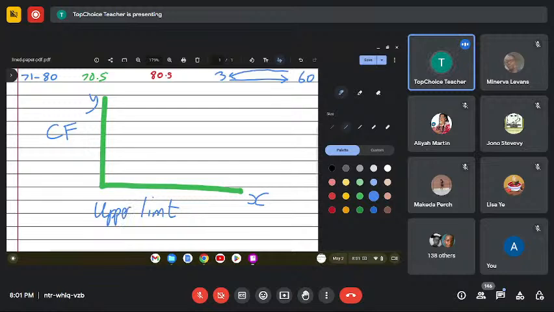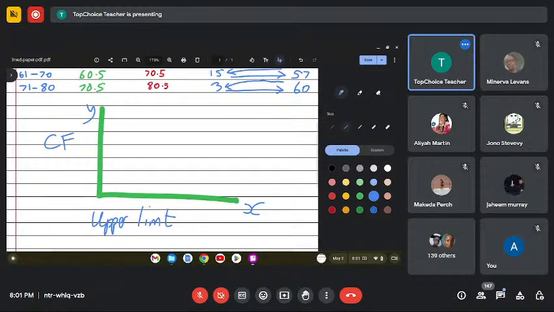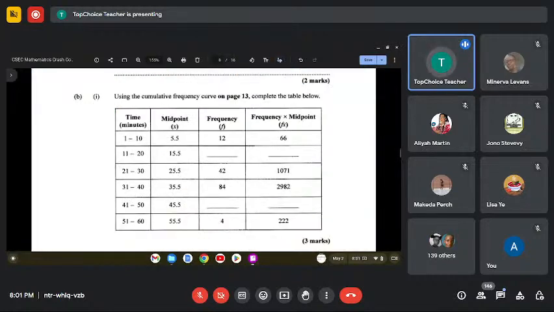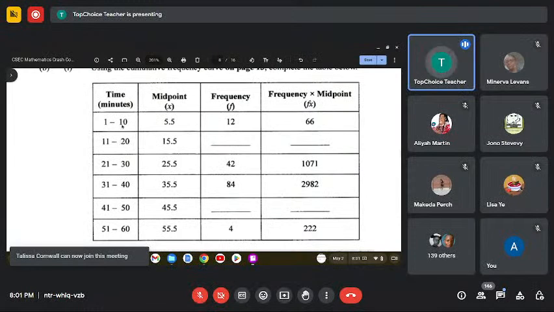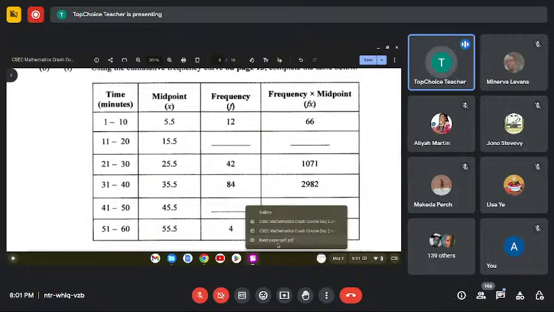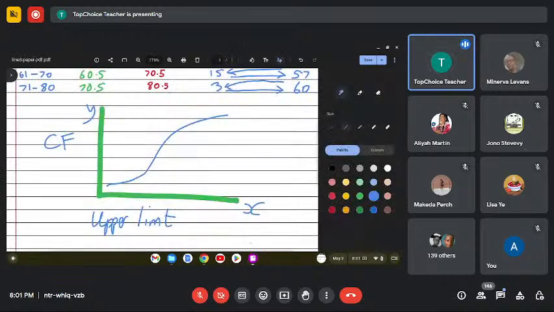Bear with me. I want you all to understand what I'm doing. Let's say we have this curve. Remember, in the question they gave us the upper limits. You're seeing where I'm getting at? If we know the upper limit, what you have to do is read off that value and figure out the cumulative frequency that corresponds to each upper limit.